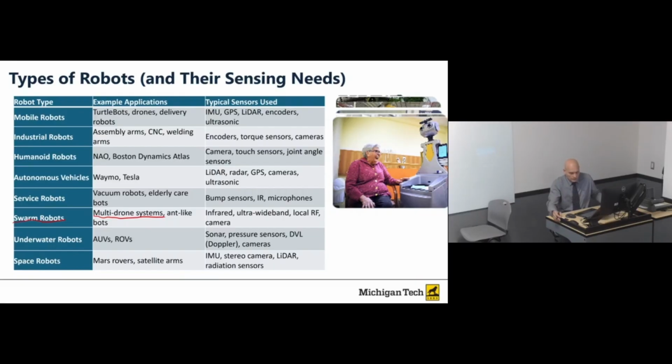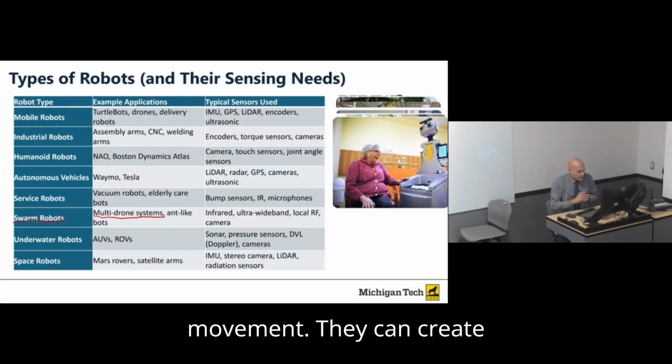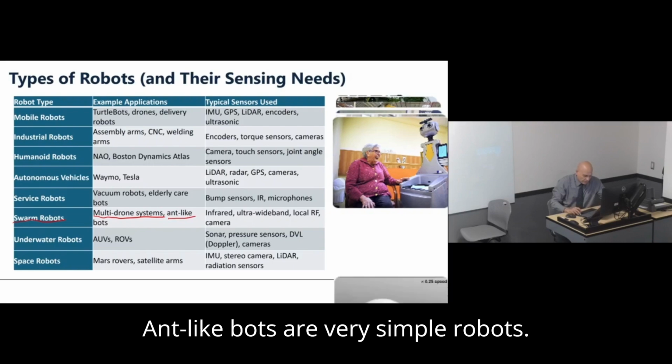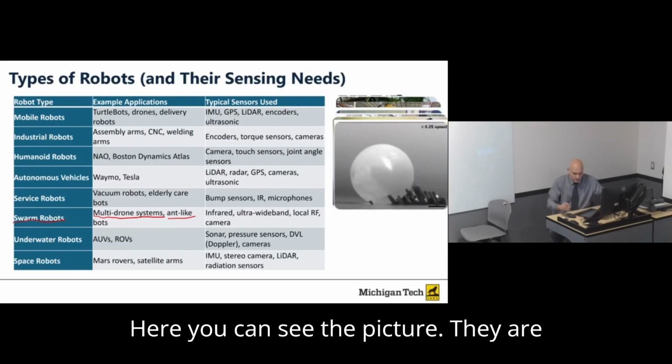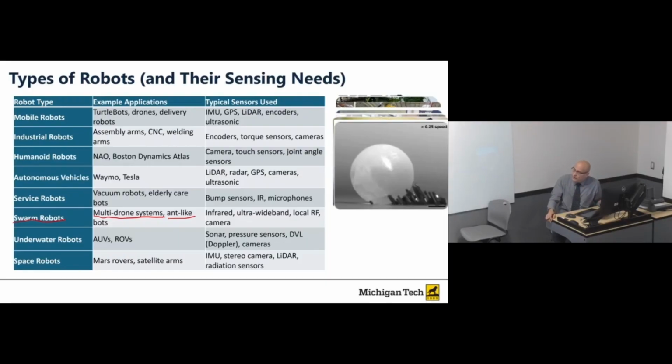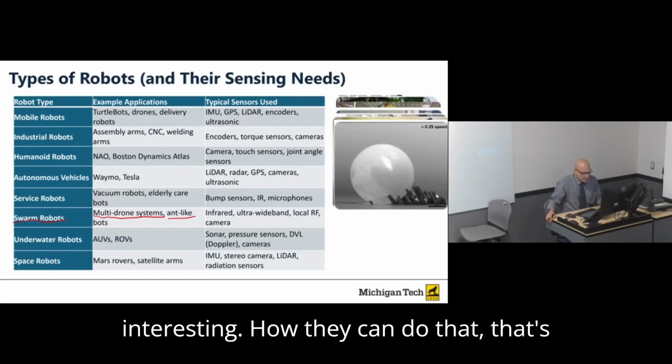Probably you saw so many videos where they are making something with movement. They can create pictures or 3D things, or ant-like bots. Ant-like bots are very simple robots. Here you can see the picture. They are helping each other to move objects. That's very interesting, how they can do that.